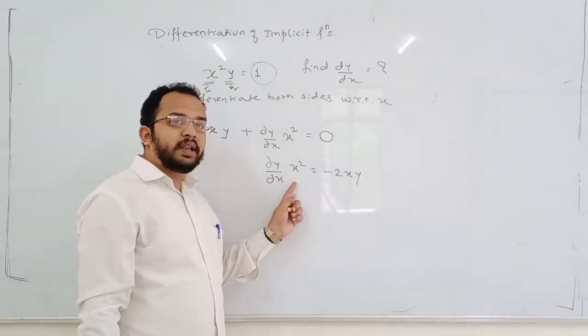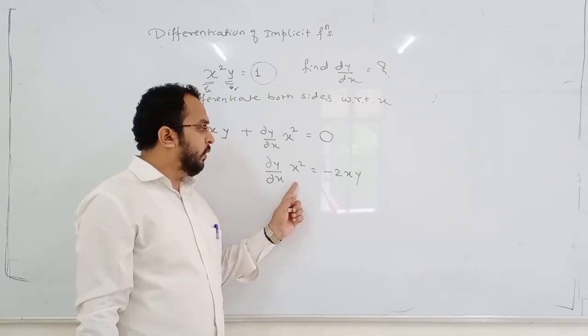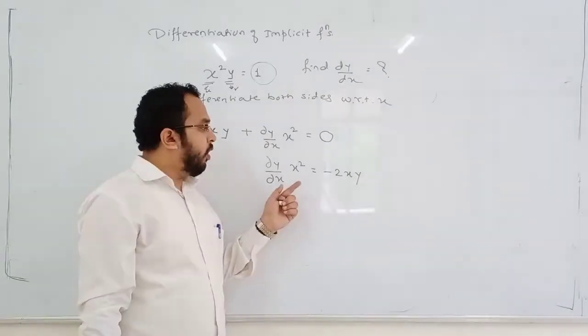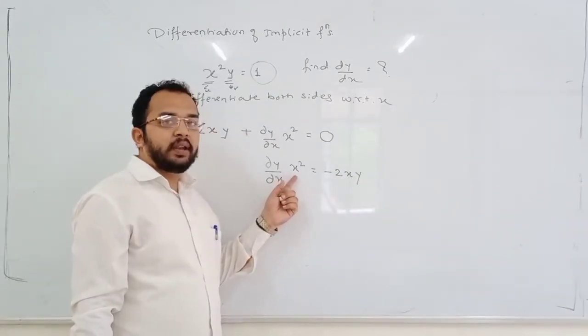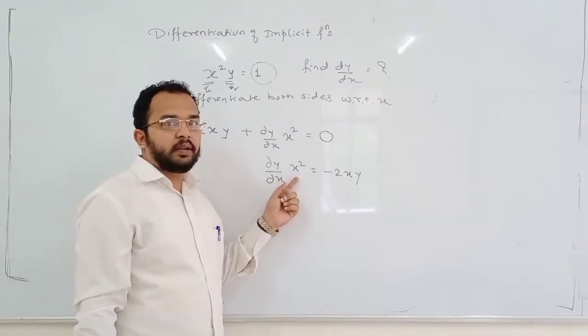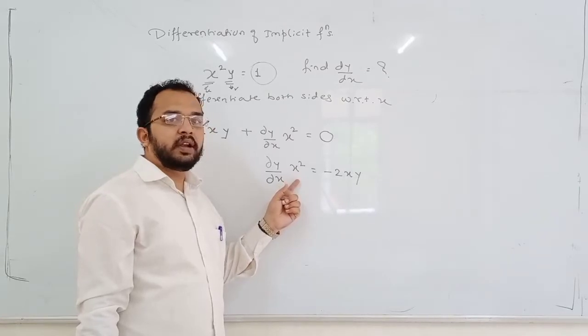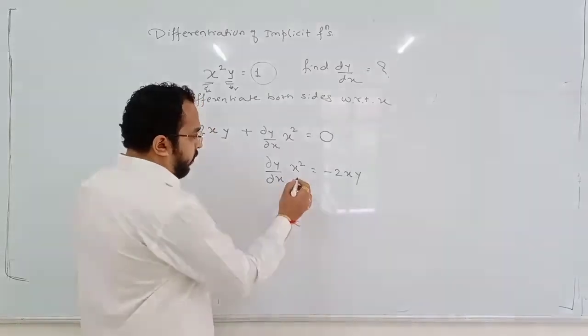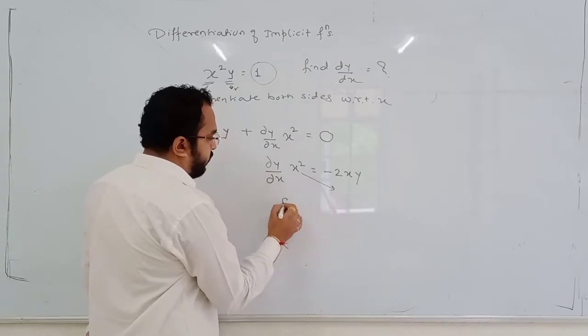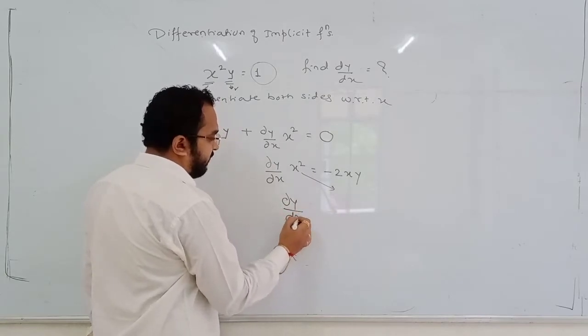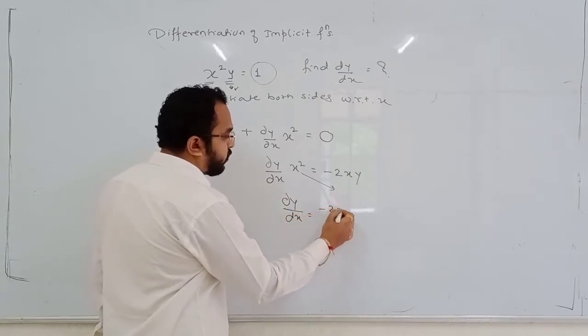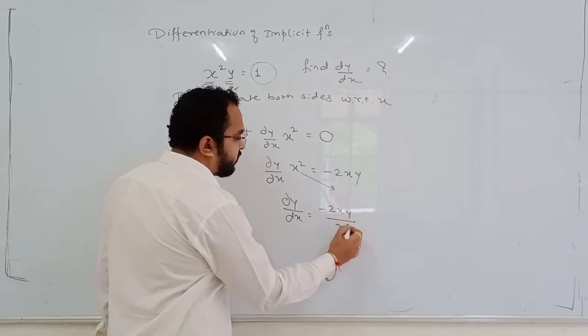When it goes to RHS, it will be in division. Or we can say this x square is in numerator on LHS. When it goes to RHS, it will be in denominator. Okay, so dy by dx will be equal to minus 2xy upon x square.